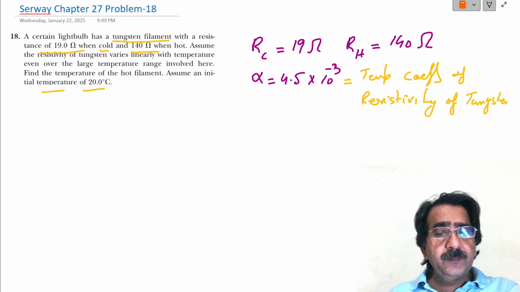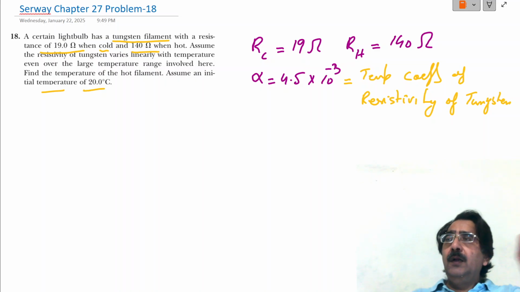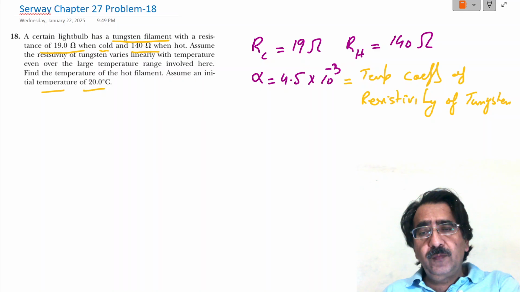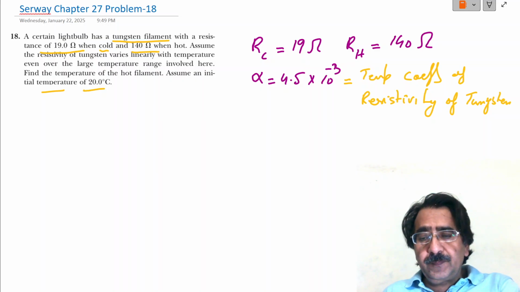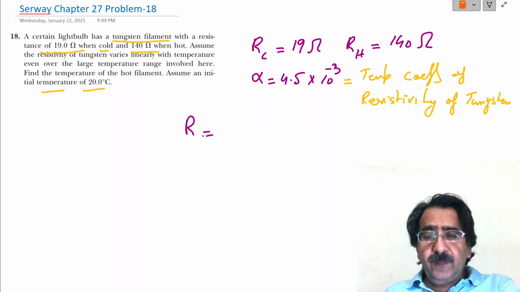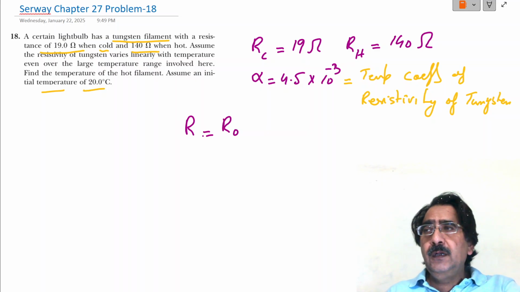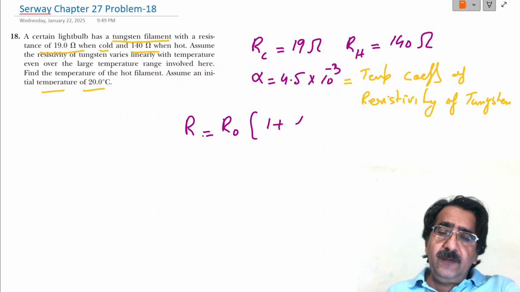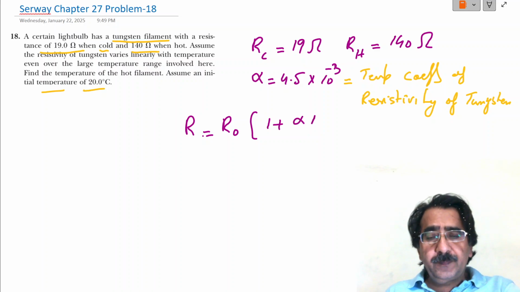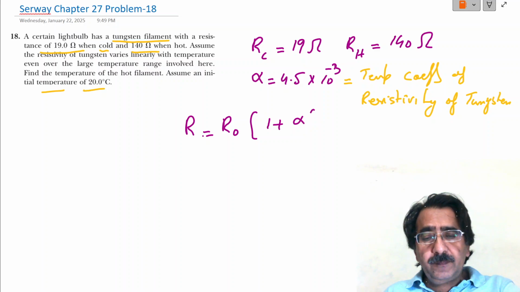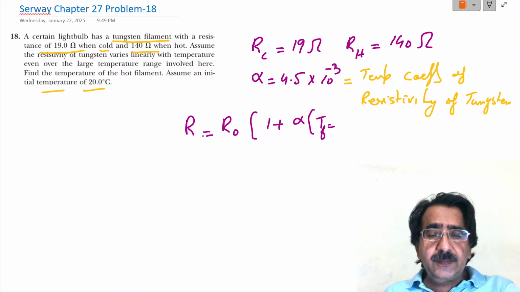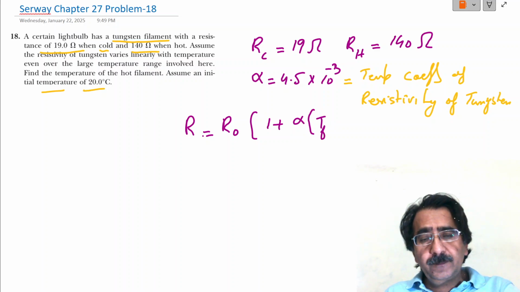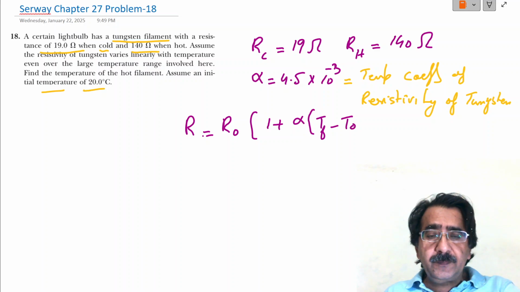So as we know, the formula is R is equal to R naught times 1 plus alpha, T final minus T naught.